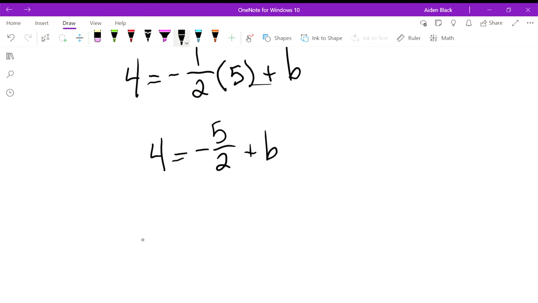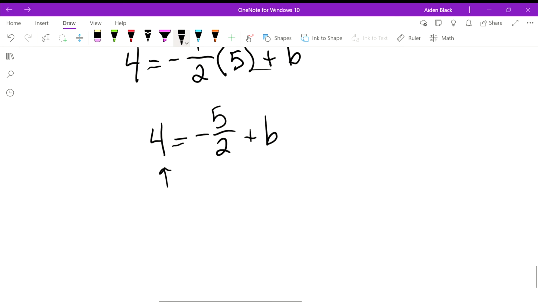And again, like we did with the last one, we want this in the form of halves, like this one is, so that we can add them or subtract them together. So 4 times 2 is 8. 8 over 2 is equivalent to 4. These are the same. And this allows us to add 5/2 to both sides.